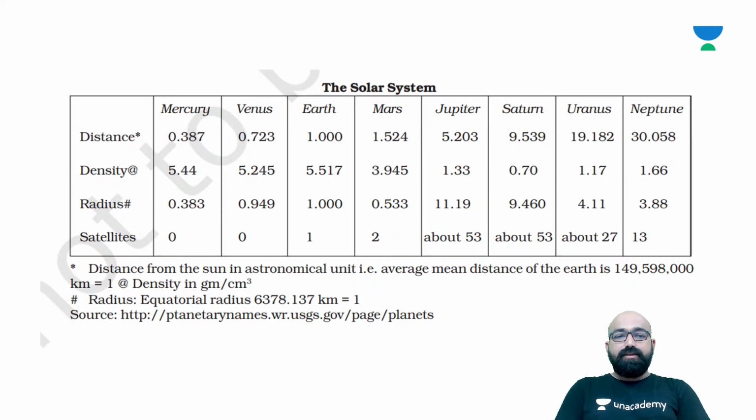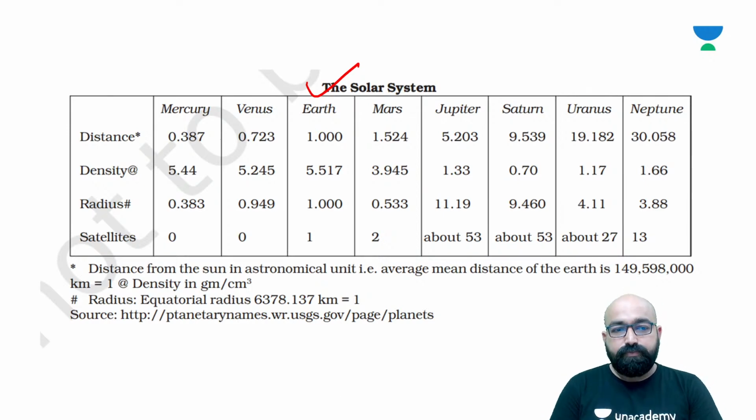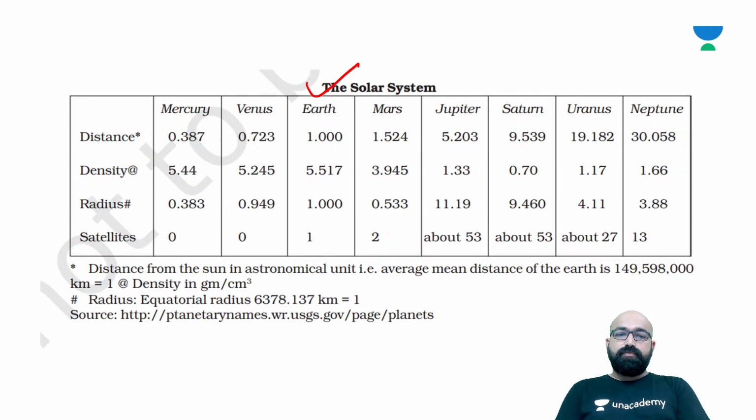That is the distance, then radius. Here is the information related to Earth. We have one satellite. The equatorial radius is 6,378.137 kilometers, equal to 1.